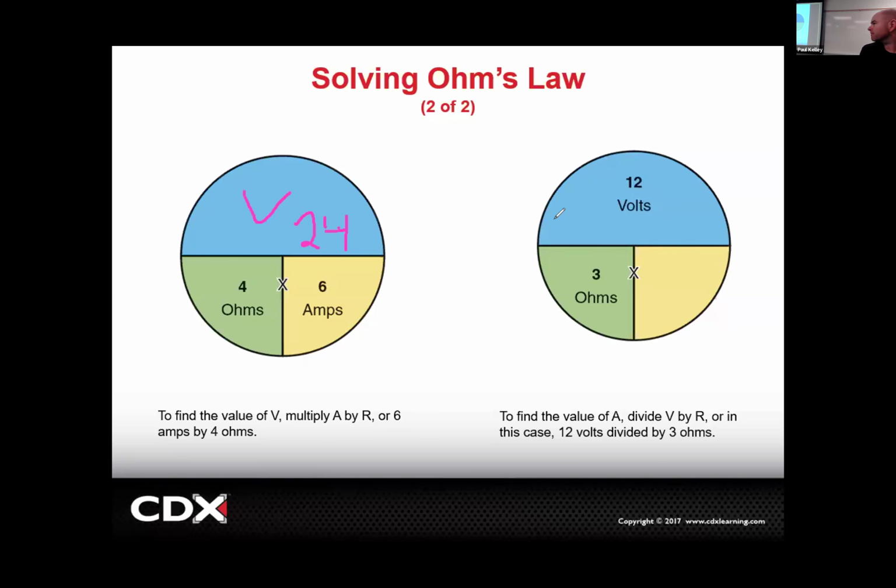I'm just going to start working it. All right, did anybody get a number other than 4? Your answer would be 4 amps.